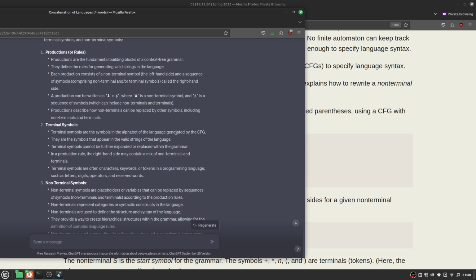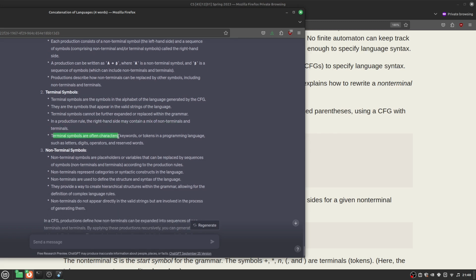Okay, so they're like the more base values. In a production rule, the right-hand side may contain a mix of non-terminals and terminals. Makes sense? Terminal symbols are often characters, keywords, or tokens in a programming language, such as letters, digits, operators. Okay. Terminals are tokens.